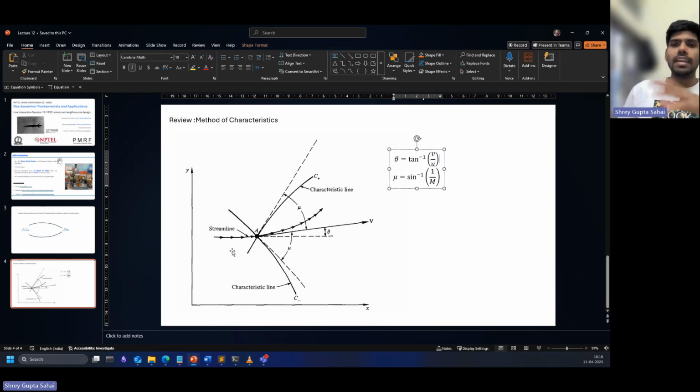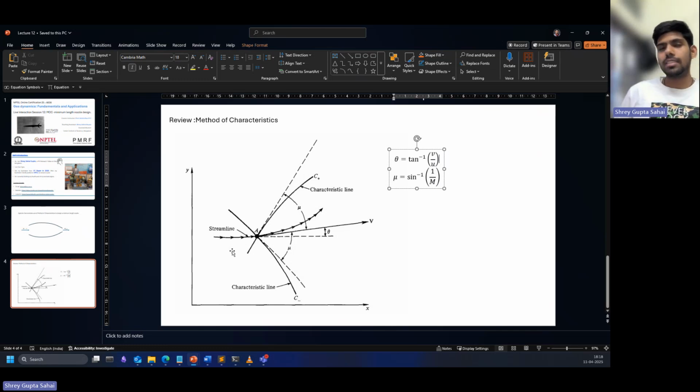characteristic line, and these two characteristic lines define the domain of dependence and domain of influence. So for the point A, the two characteristic lines demonstrate the domain of influence, but when they are drawn backwards, towards the negative x direction, you see it is this region from which the properties at A will get defined.